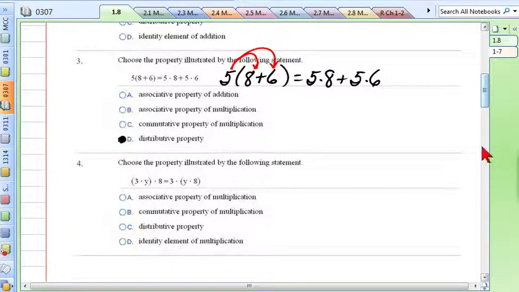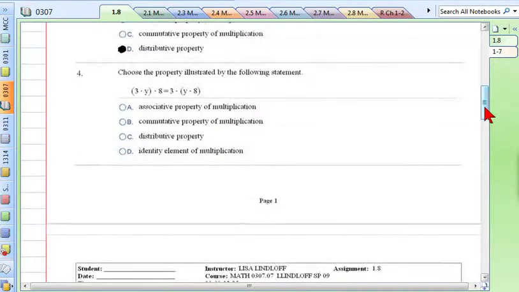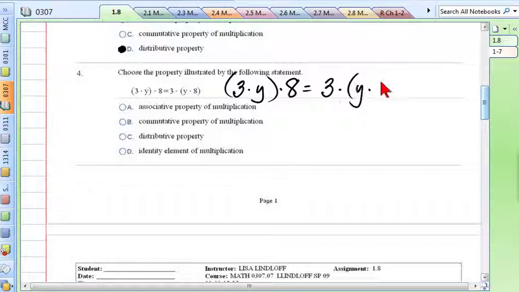Number 4. It has 3 times y in parentheses times an 8 is equal to 3 times y times 8. What's going on? Is it commutative? Did any of the terms move? Or did the grouping change? Grouping changed. And when the grouping changes, it is associative.